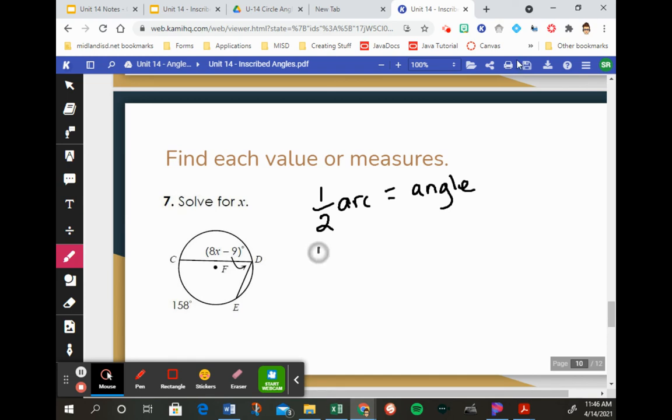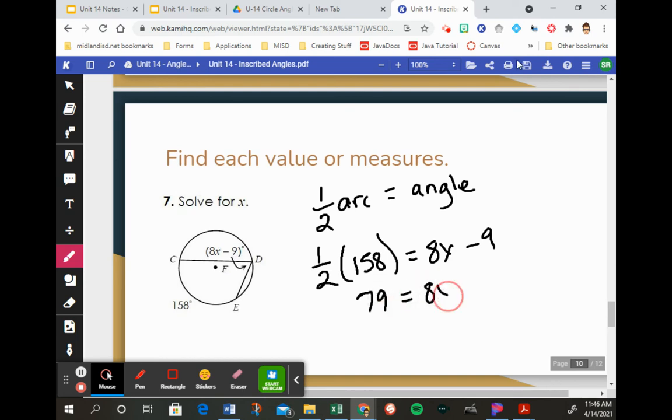So 1/2 of 158, which is 79, is equal to 8x minus 9. Add 9 to that, you get 88 equals 8x. X equals 11. And there's your final answer. Okay, that one wasn't too hard.